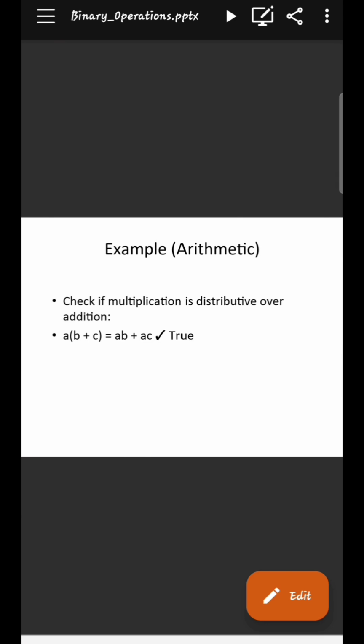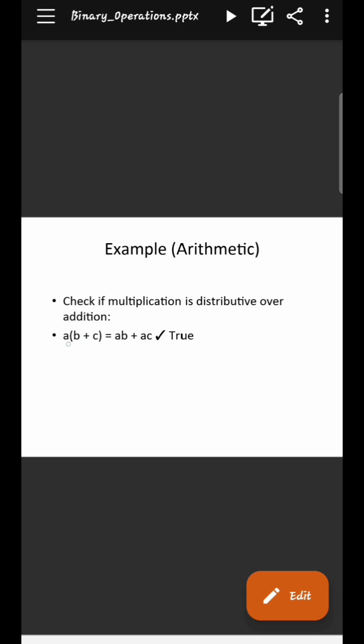It says check if multiplication is distributive over addition. So this is addition. So when you have A into B plus C, you have to check whether it is distributive.